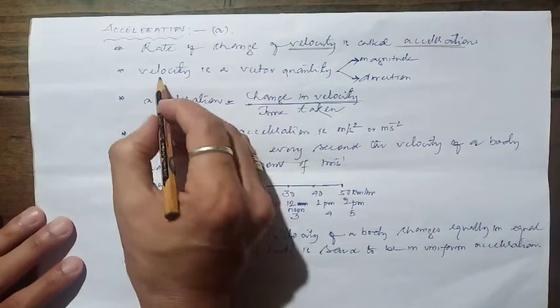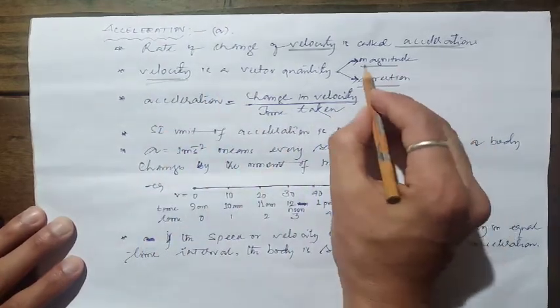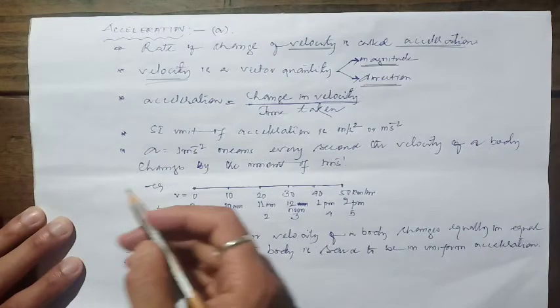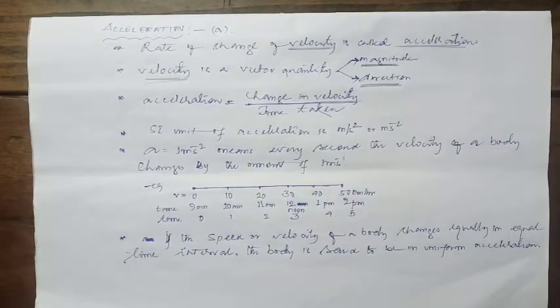Students, velocity is a vector quantity. So velocity has both magnitude and direction. When I say velocity is changing, it means any one of the two. If the magnitude changes, direction remaining constant, we say velocity is changing. If the direction is changing, magnitude constant, even in that case, we say velocity is changing.